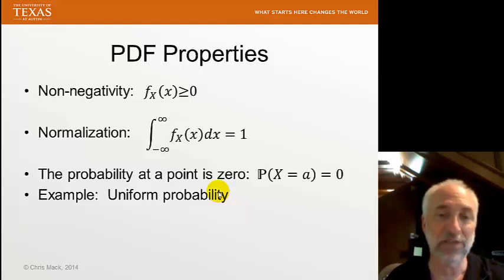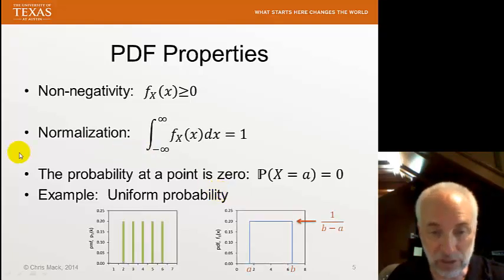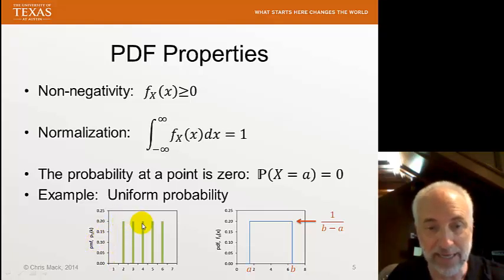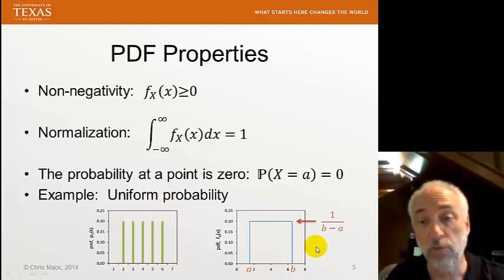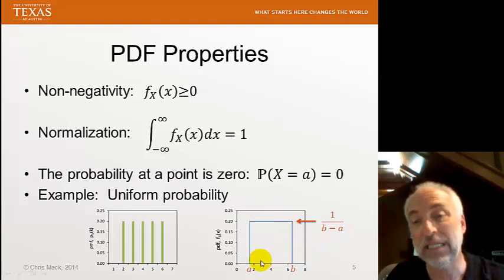Let me give you a simple example, the uniform probability. If I have a uniform probability between A and B, then for a discrete random variable, my PMF takes on identical values for all the values of x where it's non-zero. For a PDF, a continuous random variable, my function looks like a square wave.